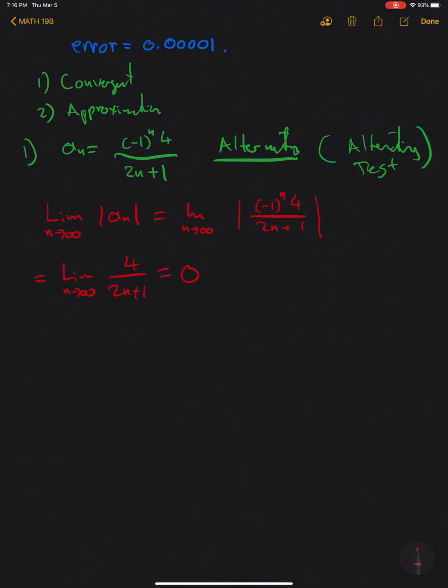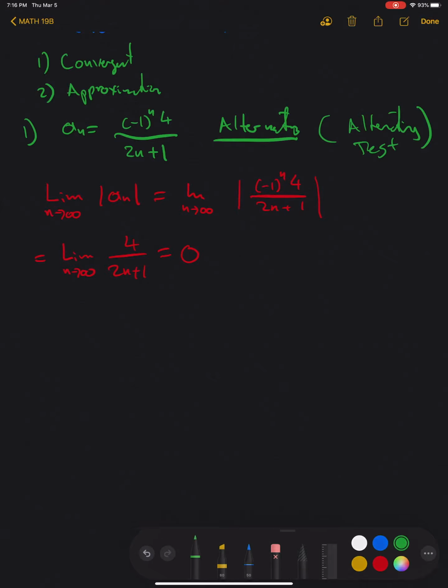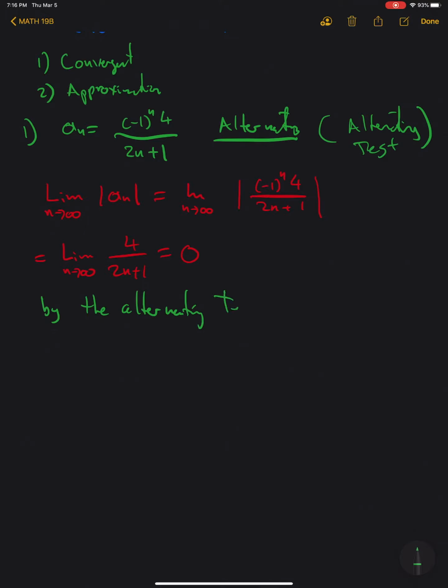Now since this limit is equal to 0, the alternating test tells us that the series is going to converge. In other words, by the alternating test, the sum where n equals 0 to infinity, negative 1 to the power n, 4 divided by 2n plus 1, is convergent.